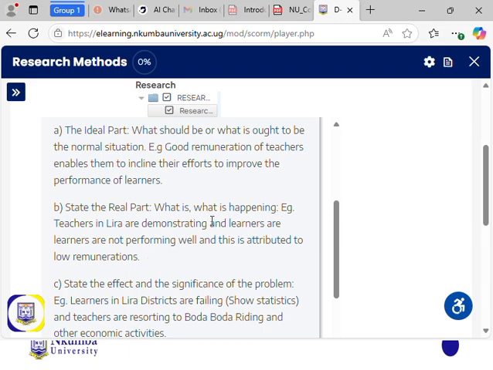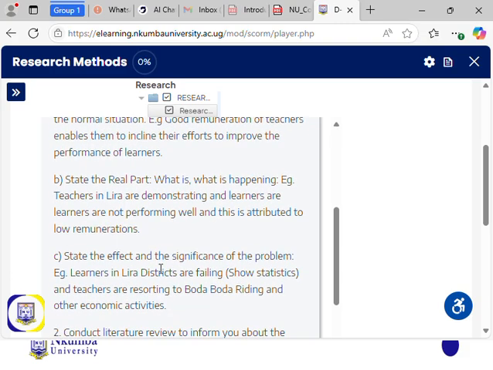Possibly it's because of low annual remunerations, then the learners are not performing well. Because this is now not the ideal, then we say, what is the effect? Possibly, you can show the effect: the learners in rural districts are failing. Show here the statistics.